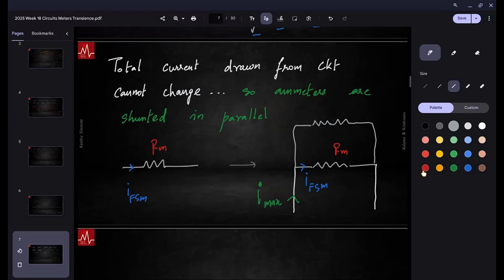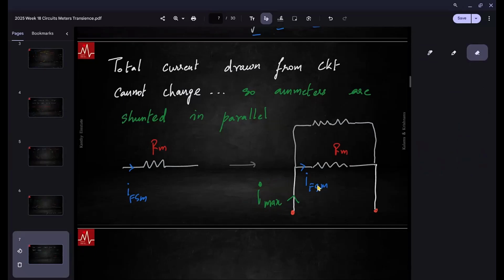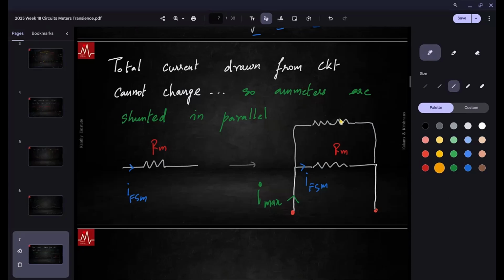The net current drawn is the current that you are trying to measure in a specific range. You still send IFS through the meter of interest. The net current drawn is now Imax. You give it a parallel path. That is your shunt.